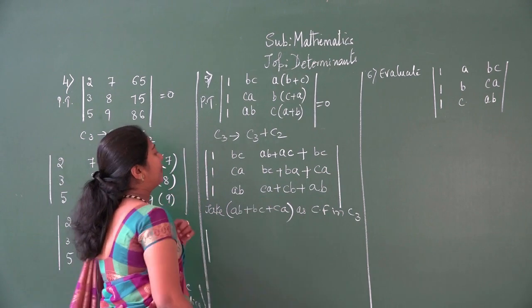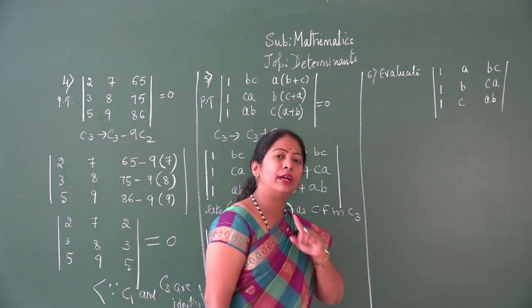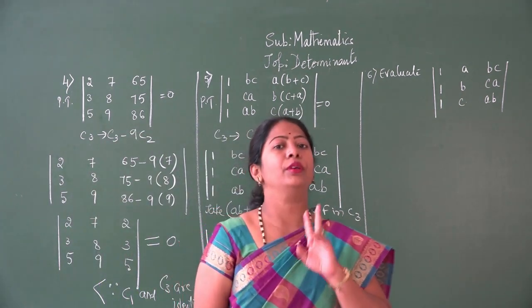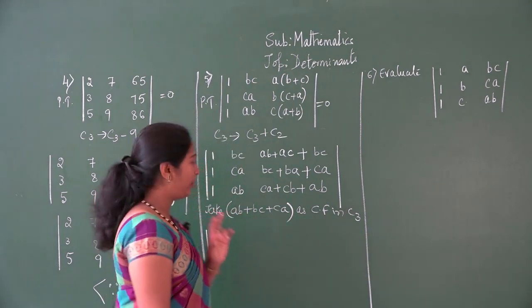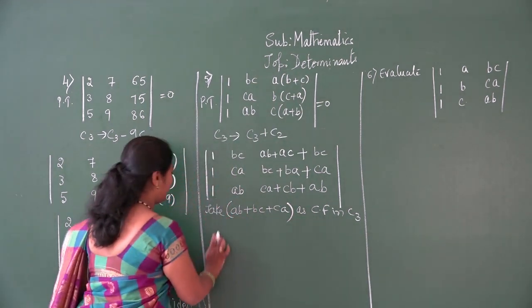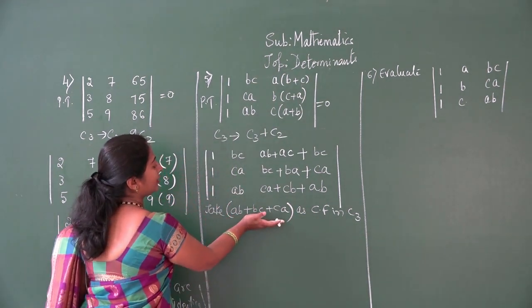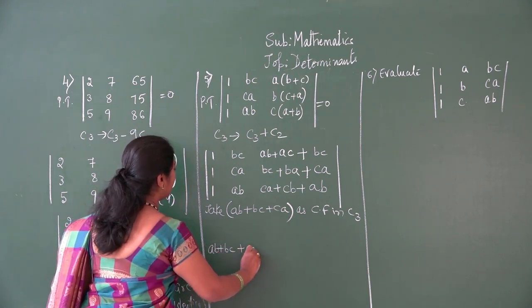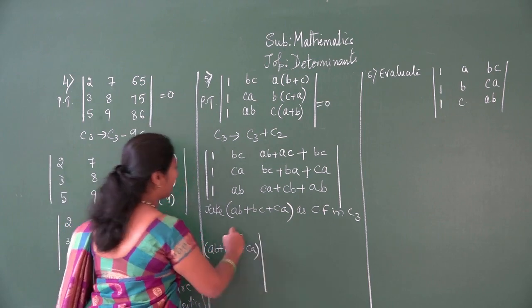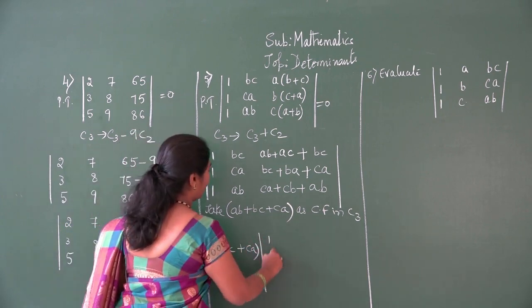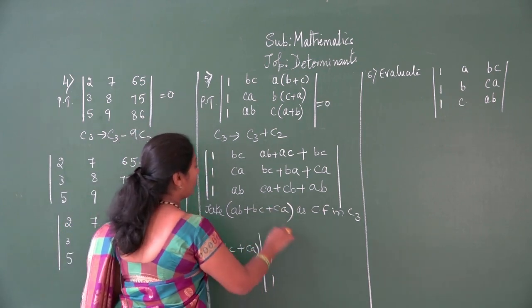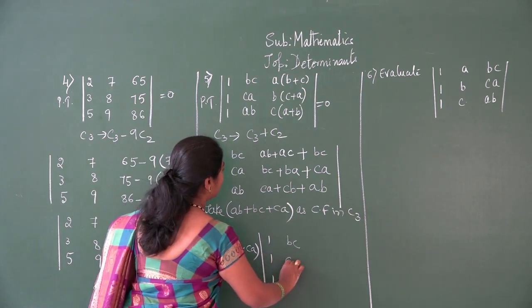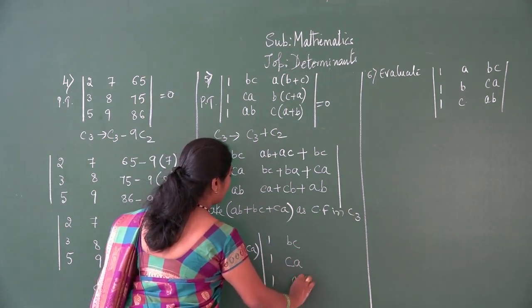Column 1 and column 2 remain the same, so I will retain them as they are. Column 1 remains the same: 1, 1 and 1. Column 2 also remains the same, that is BC, CA and AB.